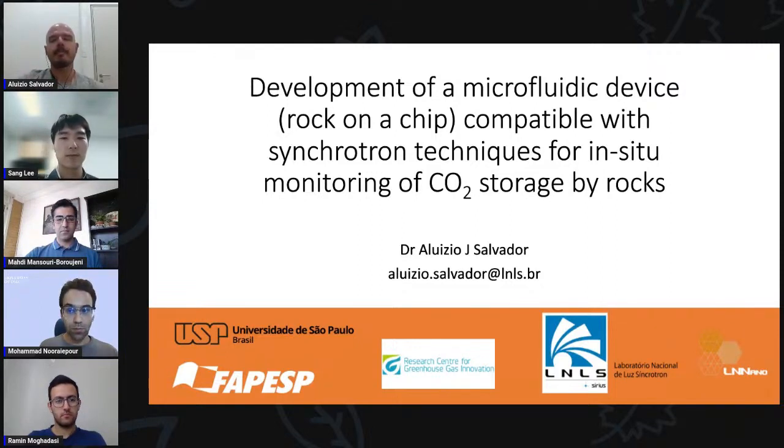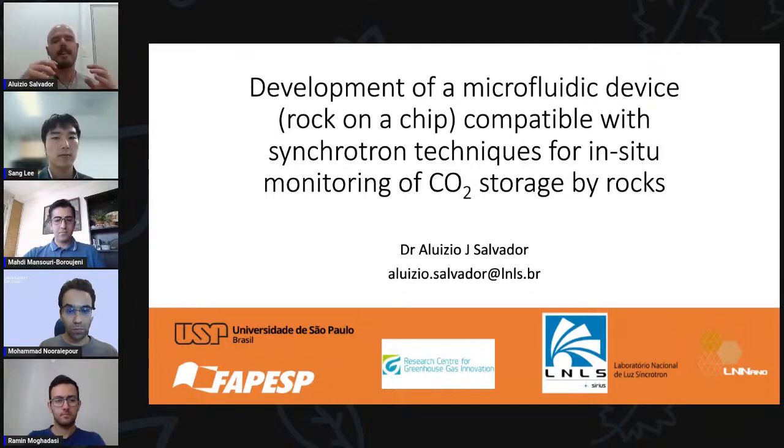However, we are still interested in the mechanisms and in seeing if the rock has the capacity to absorb and store the CO2, and my project also involves other students working on computational simulations.